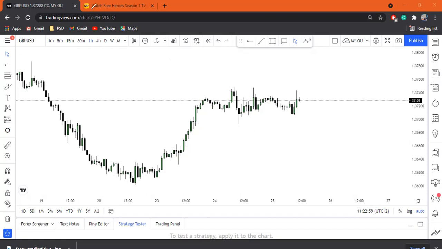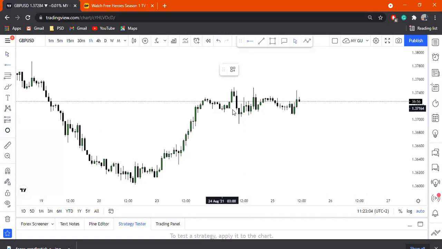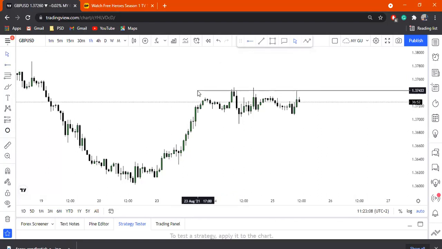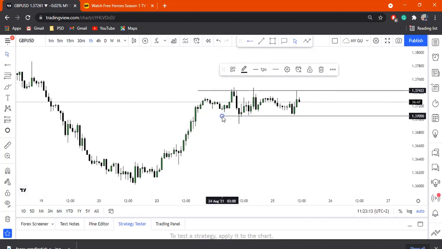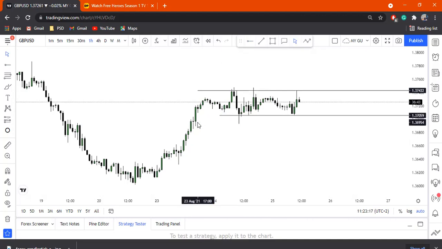So what you want to do first is put your zones. Let's say we have this high that has been created, and then we have this low that has been created in our range. So it's called a 10 pip range.